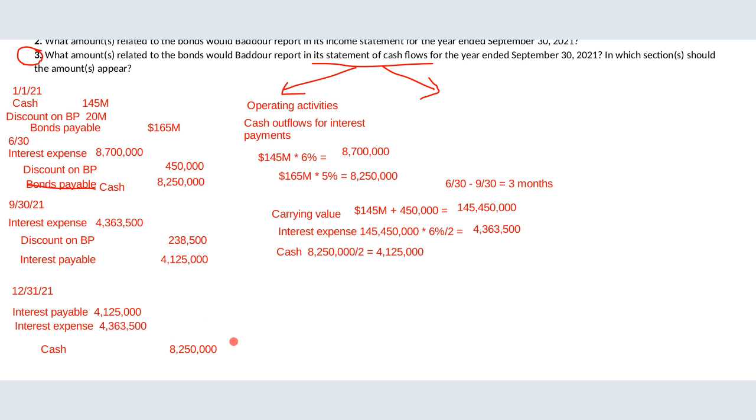And then we would have a discount on bond payable for the difference.